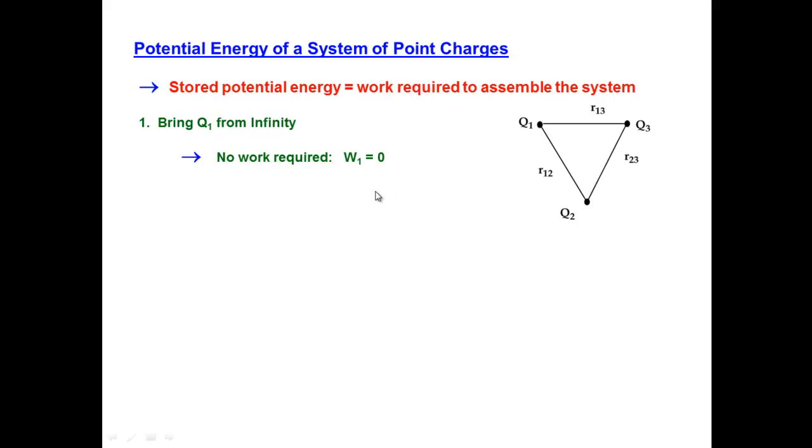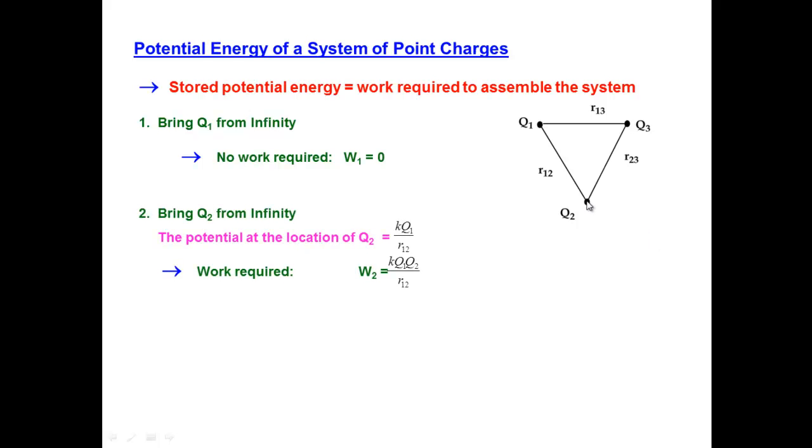There's no work required. But now, once I've got Q1 in place, now I bring in Q2 from infinitely far away. And when I do that, the potential at the final location where I bring it is KQ1 over R12. That's the potential due to charge 1 at the location of charge 2. Well, the work required, we showed before that the work you do is equal to the stored potential energy.